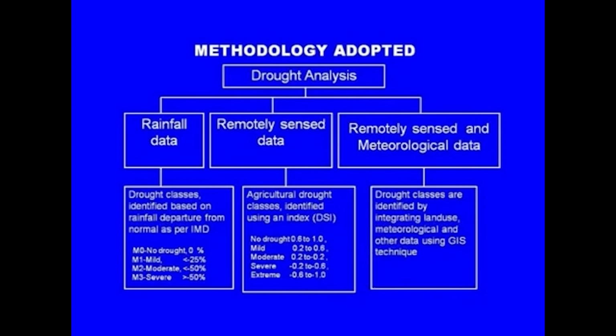Similarly, we can use remote sensing data and meteorological data to identify drought classes by integrating land use, meteorological and other data using GIS technique. Having looked at the methodology to be adopted to identify drought, let us look at what type of data is required.